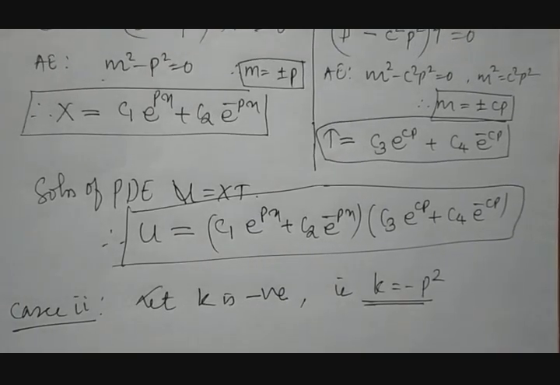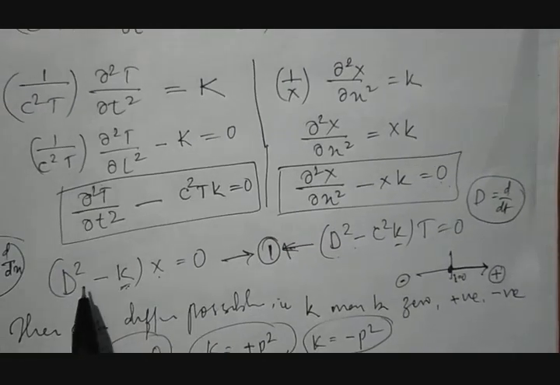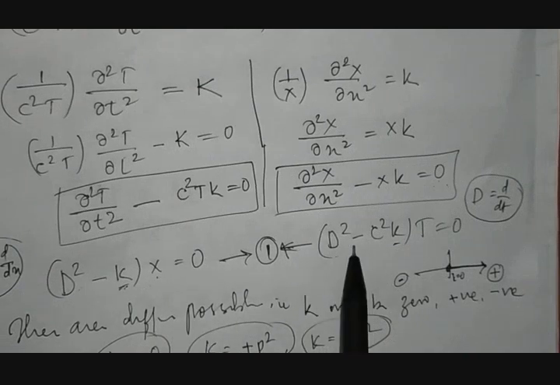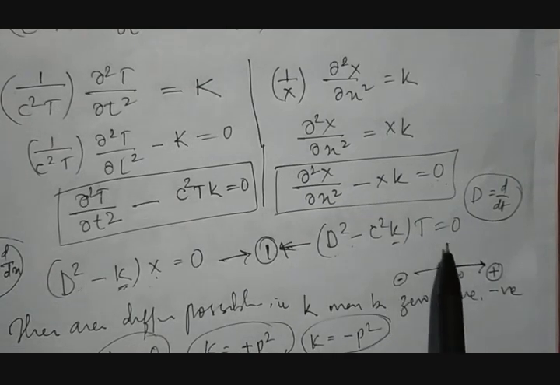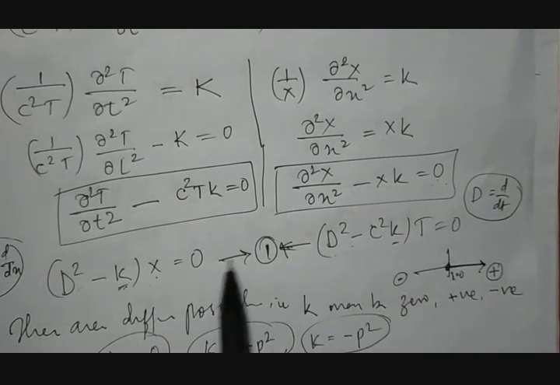Therefore equation number 1 becomes, what is equation number 1? Equation number 1 is this: D square minus K of X equal to 0, and D square minus C square K of T equal to 0. In K you put minus P square.